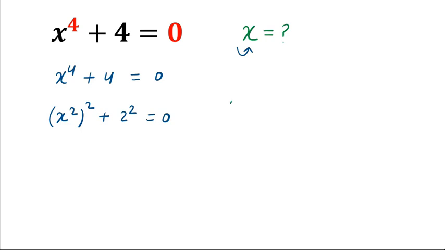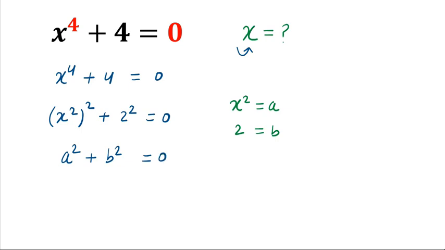If we substitute x square is equal to a and 2 is equal to b, then on the left hand side x square is replaced by a, so a square plus b square is equal to 0.